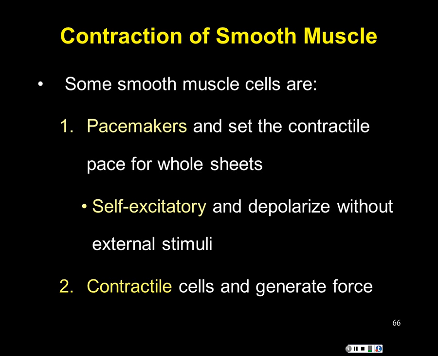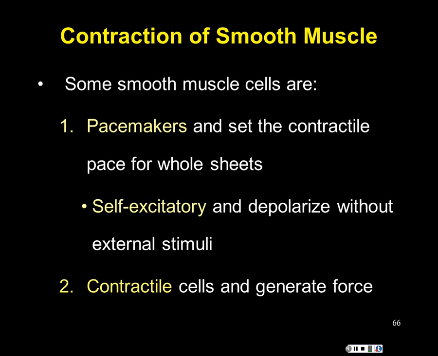About 99% of the remaining smooth muscle cells are contractile. That's why we have muscle cells, to contract. A minimal amount are there to excite, but a high proportion are there to contract. And it's the contractile cells that generate tension.